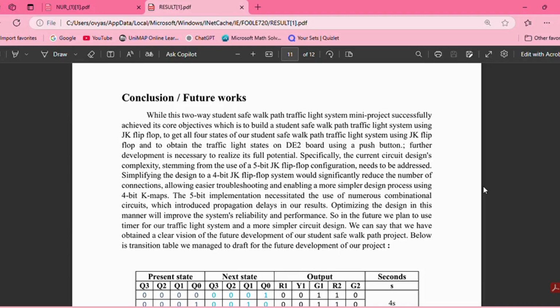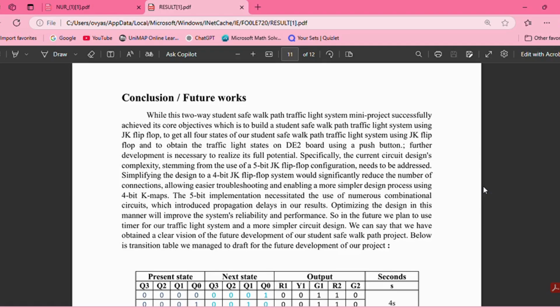Specifically, the current circuit design's complexity stemming from the use of a 5-bit JK flip-flop configuration needs to be addressed. Simplifying the design to a 4-bit JK flip-flop would significantly reduce the number of connections, make it easier to troubleshoot, and enable a simpler design using 4-bit K-maps.